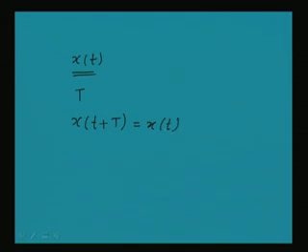Mathematically, if a particular motion takes place and the period of this motion is capital T, then we have the condition that at this time this will be equal to this. So this is the condition of a periodic signal.